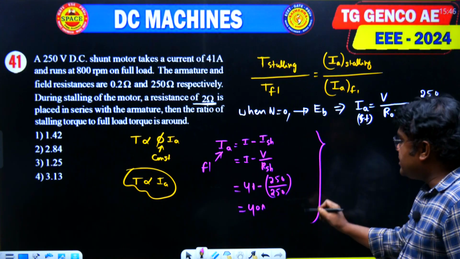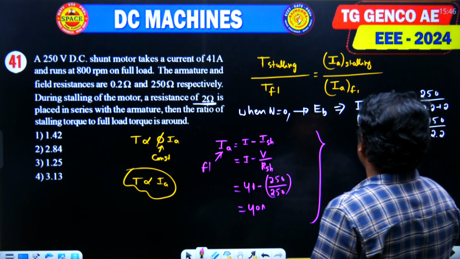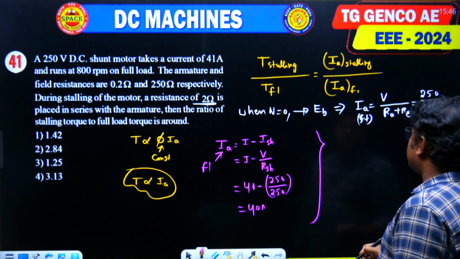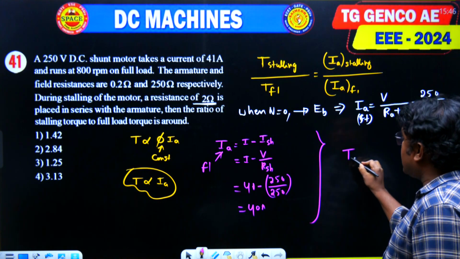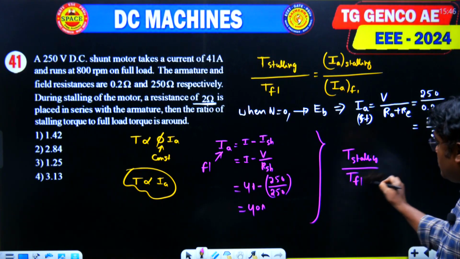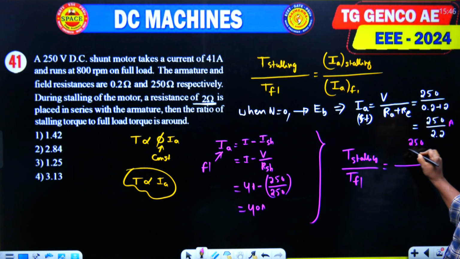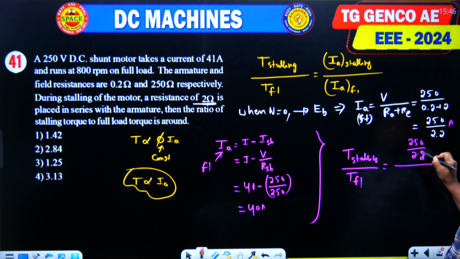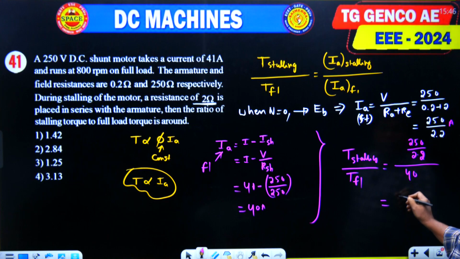Now just substitute these two. The stalling armature current is 250 divided by 2.2, and the full load armature current is 40 amps. So the ratio of stalling torque divided by the full load torque is equal to 250 divided by 2.2 into 40.